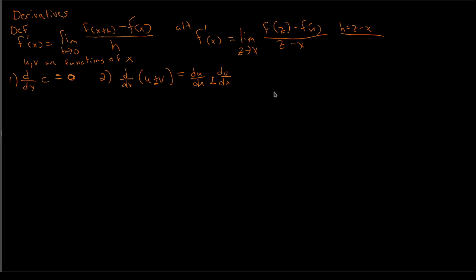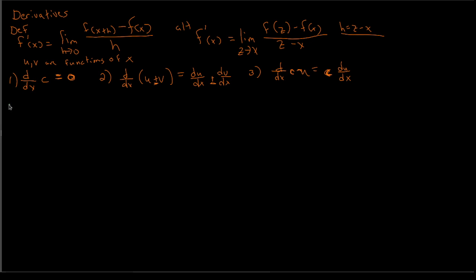And we have a constant multiple: the derivative of some constant times a function of x, so we'll say u as a function of x, is that constant multiple times the derivative of the function.